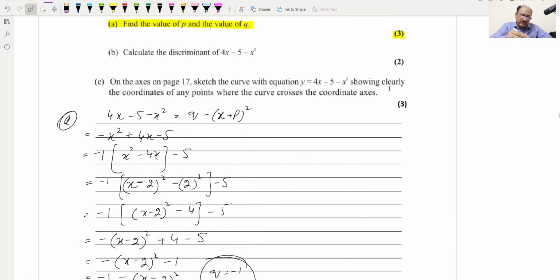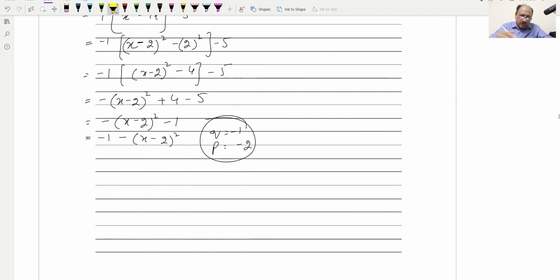Part B says calculate the discriminant of 4x minus 5 minus x square. So for B part, I will write 4x minus 5 minus x square.